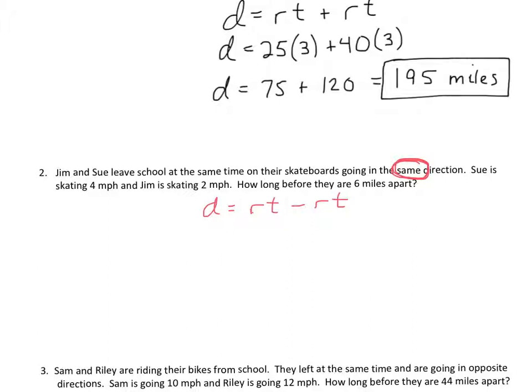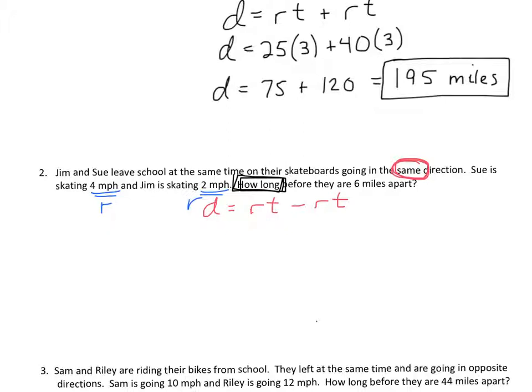Sue is skating at 4 miles per hour. So right there, miles per hour is a what? Yesha, what's a miles per hour? It's a rate. Good. And Jim is 2 miles per hour, which is another rate. So the question here is how long? So they're looking for the what here?